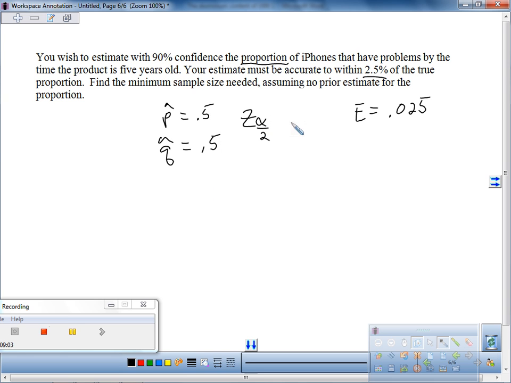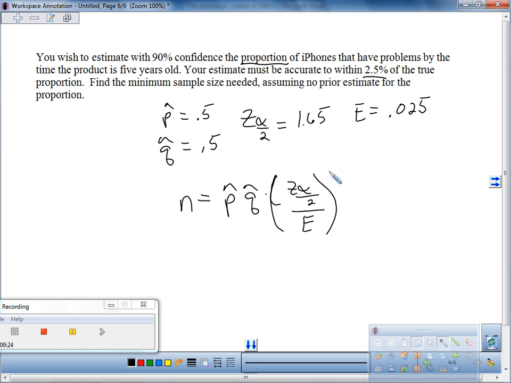And so we have enough information here to go find a sample size of phones that we need to look at. So 90 again, so 1.65. Okay, so sample size is going to be P hat times Q hat times Z alpha sub 2 all divided by E, and that's squared.